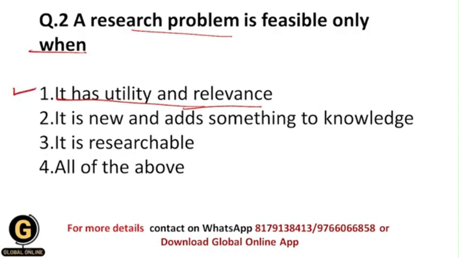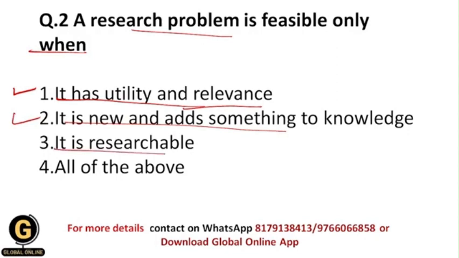It is new and adds something to knowledge. Yes, the research problem should be new, okay, and it should always be original, and the research problem should add something to our existing knowledge. Okay, and after that only we say that the research problem is feasible. It is researchable. It is really the most important concept.